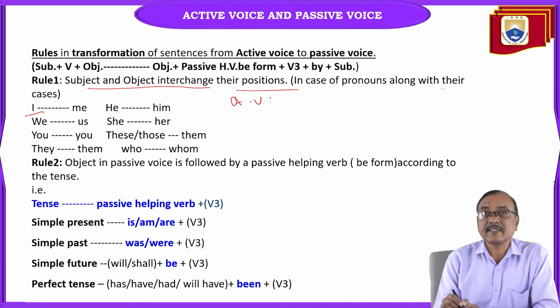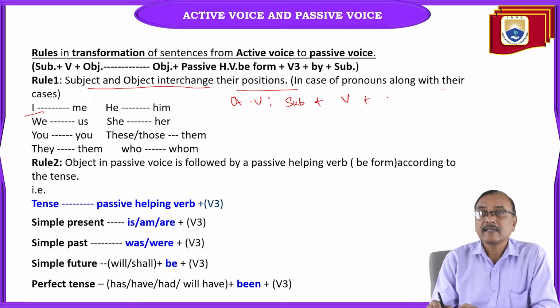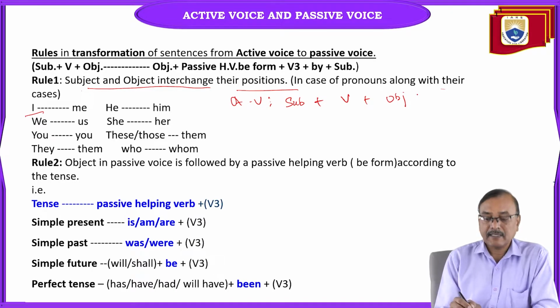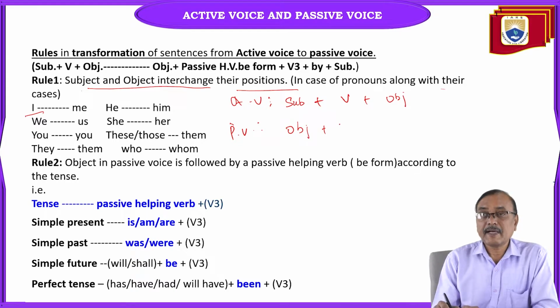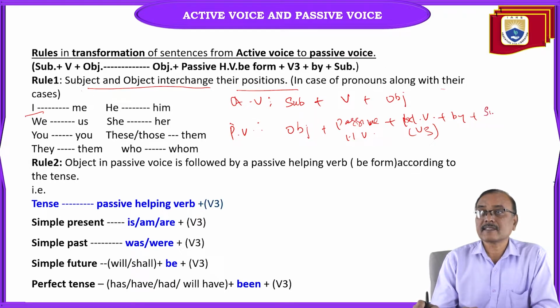Let us say this is active voice: here this is the subject, then the verb, then the object. In passive voice, the object is followed by the passive helping verb, followed by the main verb, which is always the V3 form, then "by", then the subject.